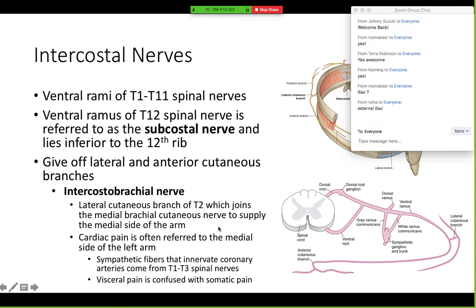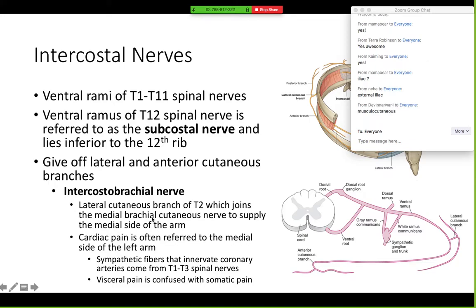This is reaching back to first block, your first anatomy exam. Medial, yeah, Johnny, you're right. Medial brachial cutaneous is coming from the medial cord.